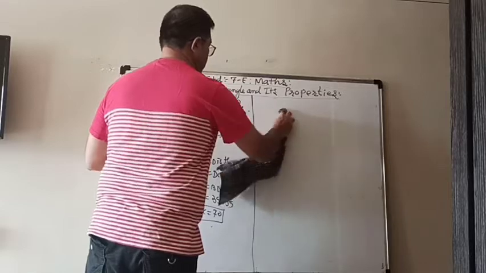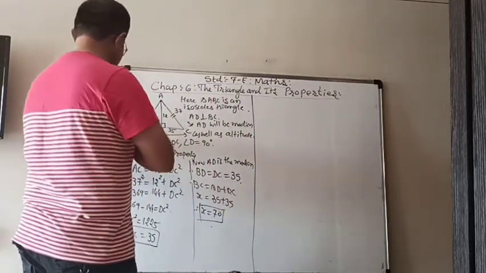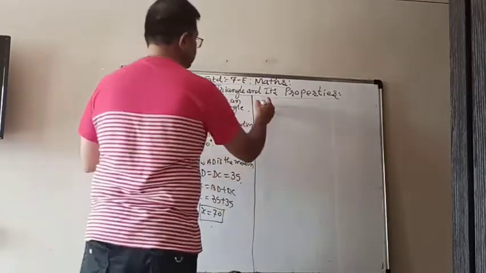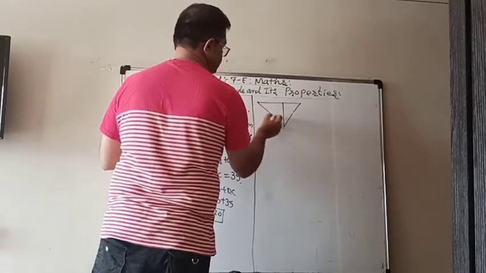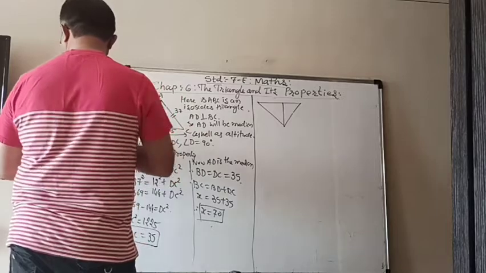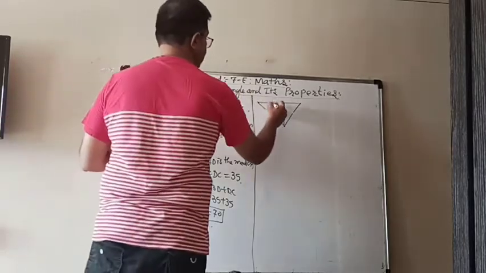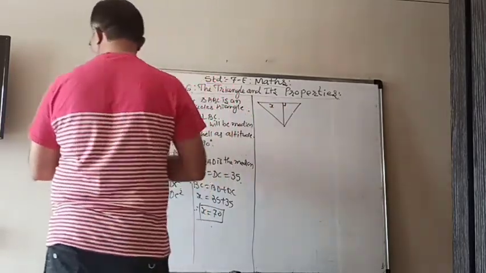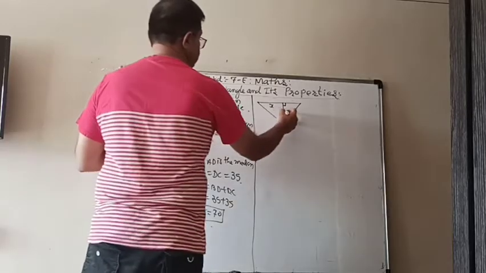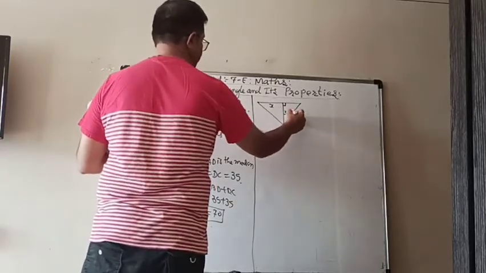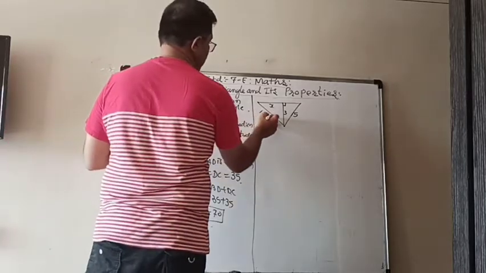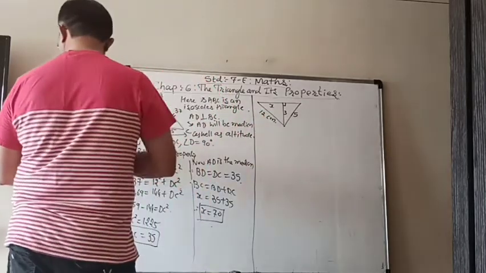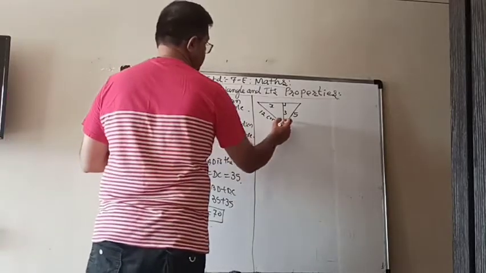Let's do the last sum of this. In that also a little different is there. The figure is like that. An upside down triangle. This is X. This is the right angle. This is 3 and this is 5. And this is 12 centimeter. And also here it is a right angle.